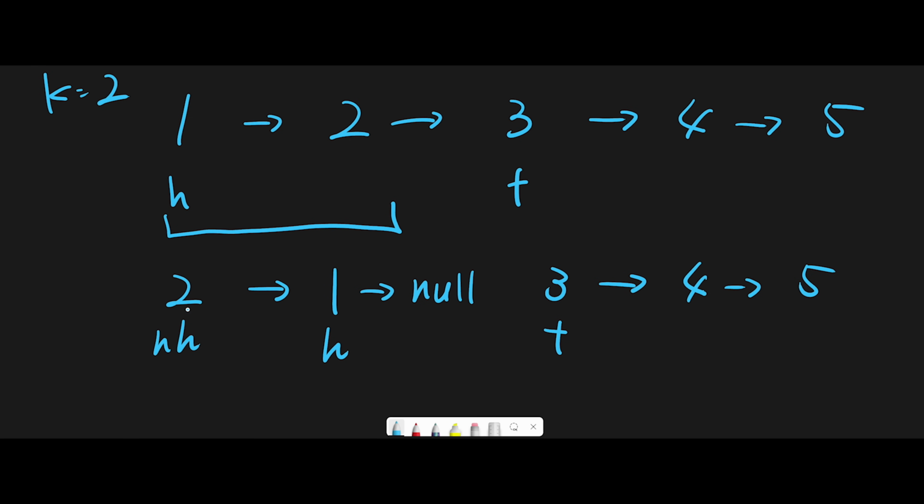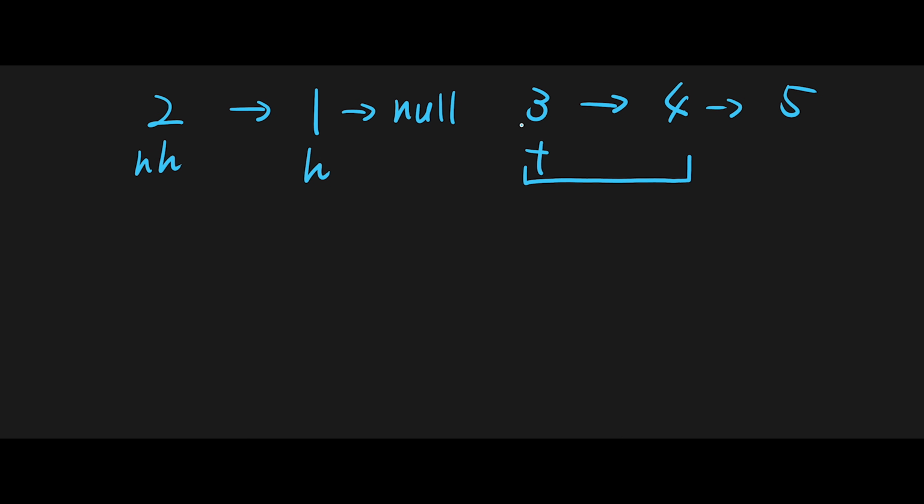The last node of 2, 1 is 1, right? So that's why we need to connect 3, 4, 5 to head.next. And the head.next should be the reversed next K group, which is 3, 4, right? Because K equal 2.